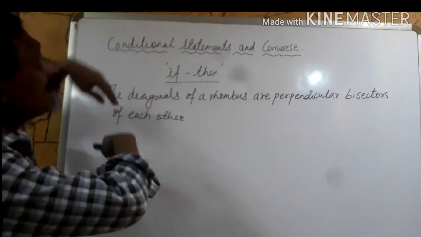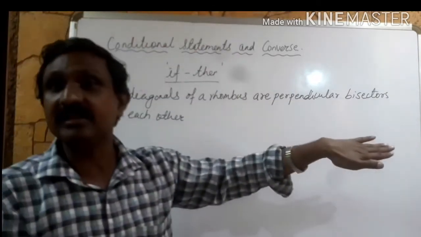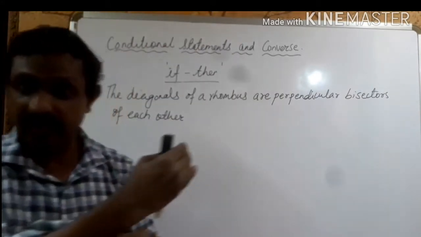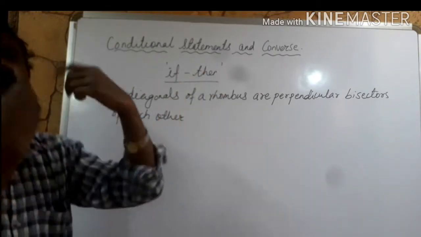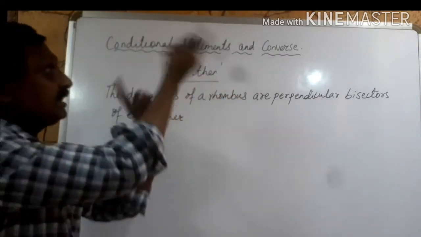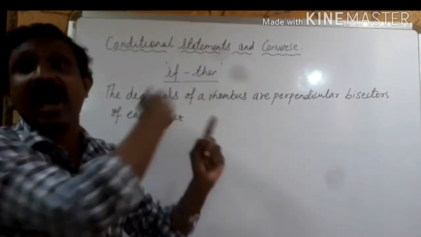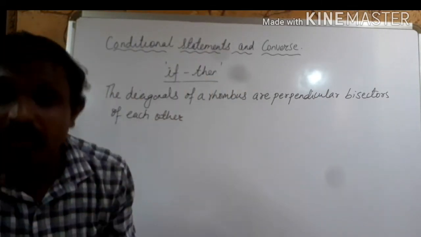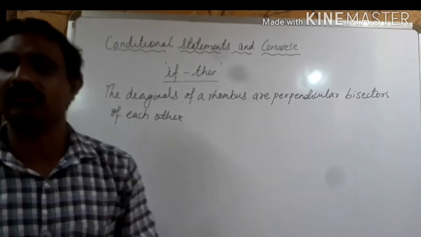Now, if you interchange the antecedent and the consequent, then this statement will become the converse statement. Just interchanging the antecedent and the consequent, you get the converse of the statement.